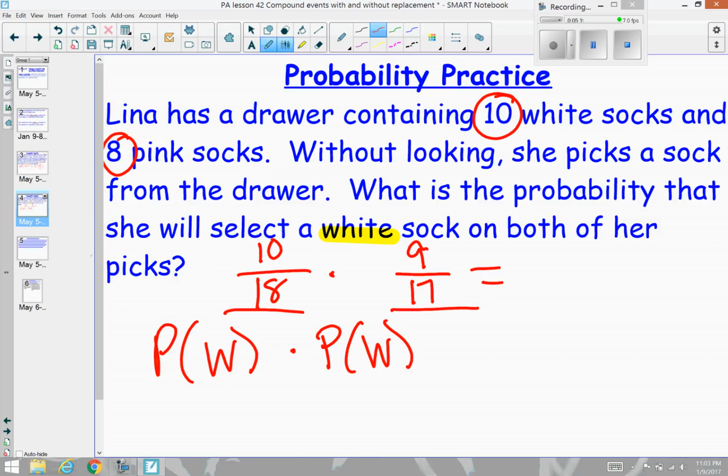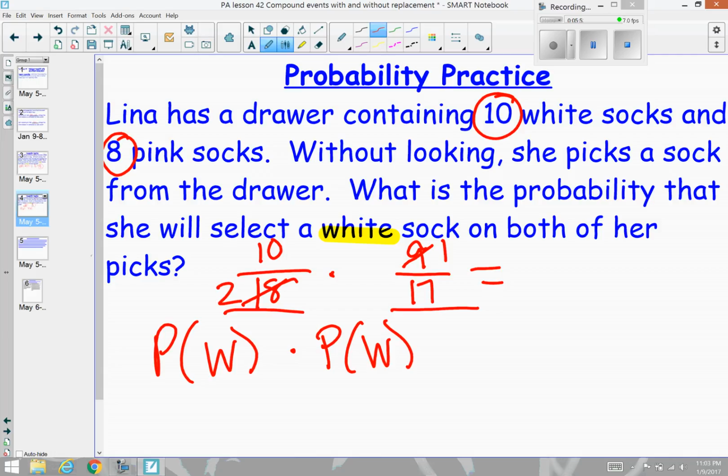Okay, you're going to go ahead and find the answer to this. Pause and find the answer to this problem. I would solve it by using cross multiplication to simplify my problems earlier. 9 goes into 18 2 times, and this becomes a 1.